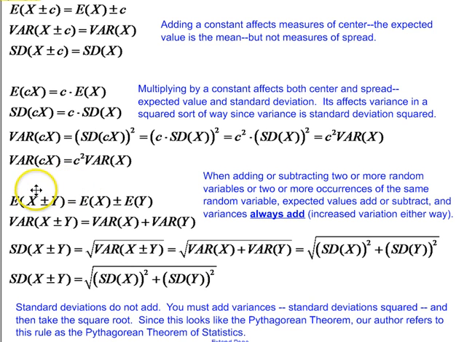When we add or subtract random variables, we add or subtract their expected values. Pretty straightforward. When we add or subtract random variables, we only add their variances. So variances add, expected values add or subtract.